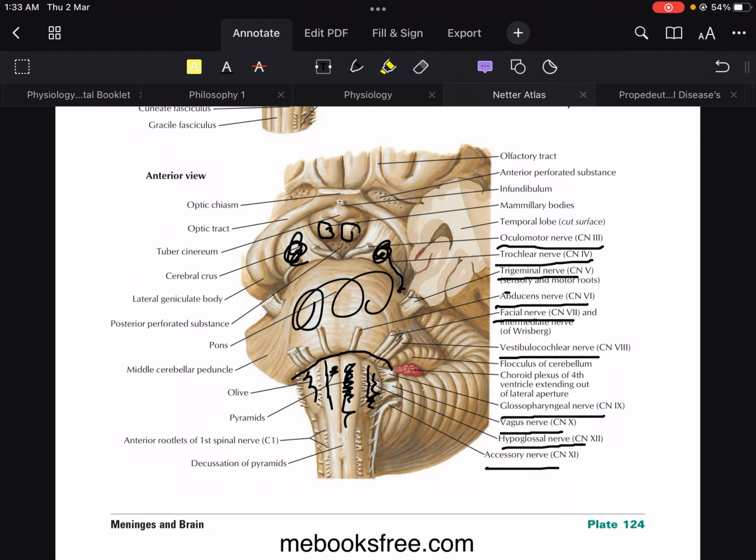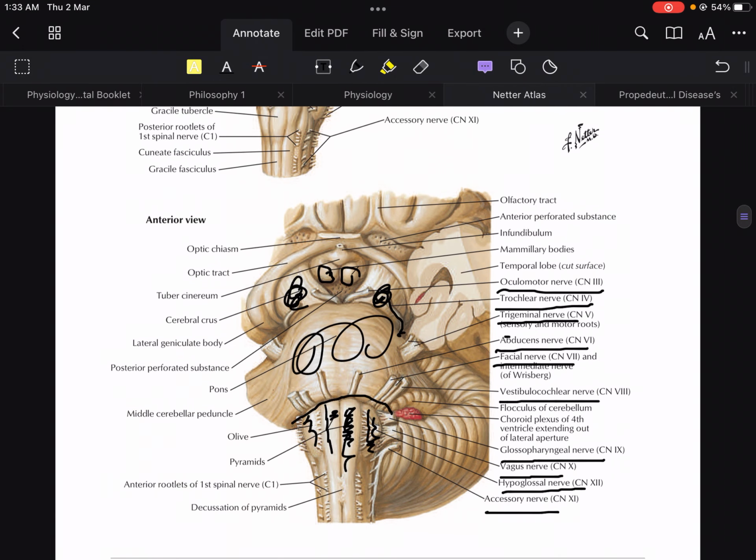So two nerves exit from the midbrain, number 3 and number 4. Okay, it's very important that you know about the location of different nerves in the brainstem.